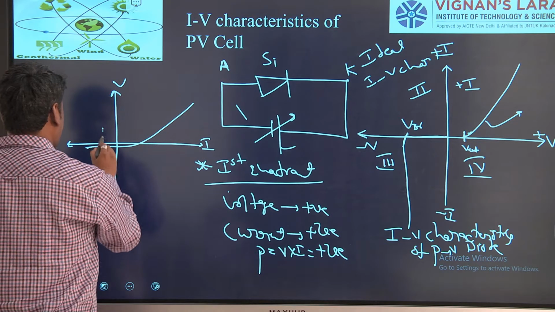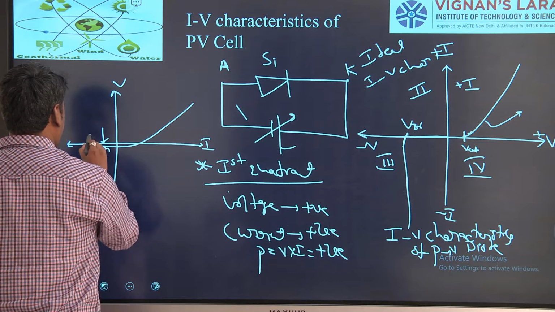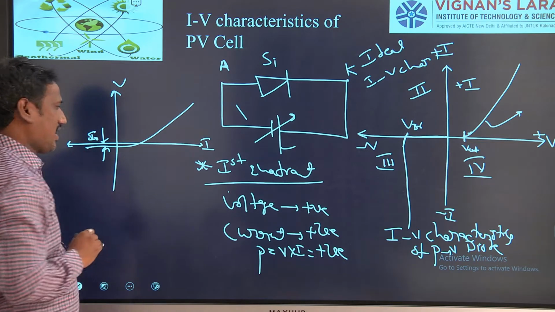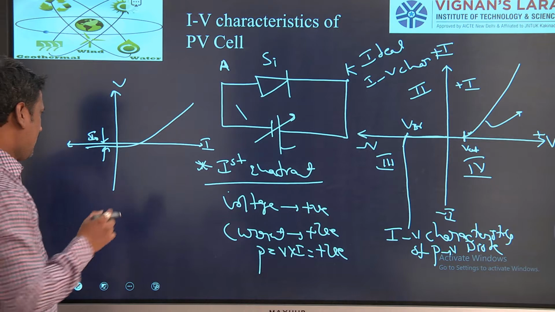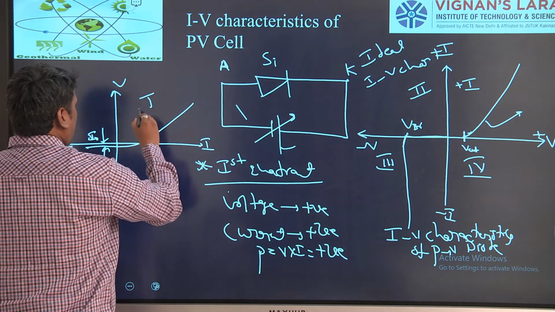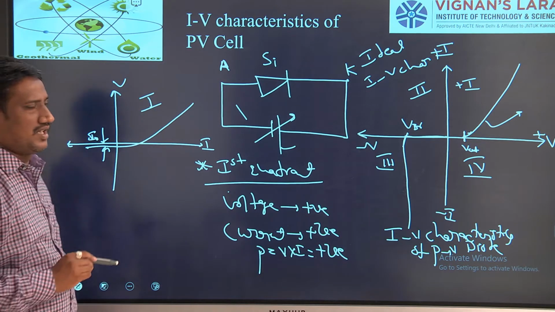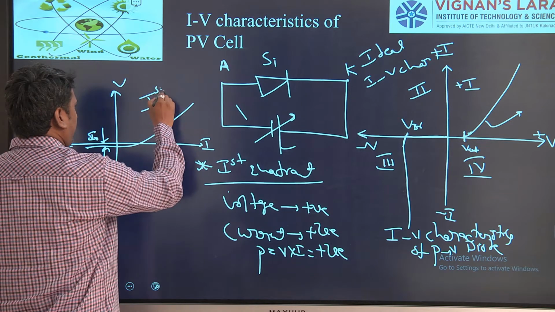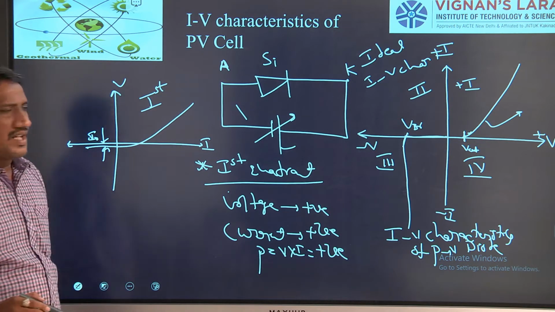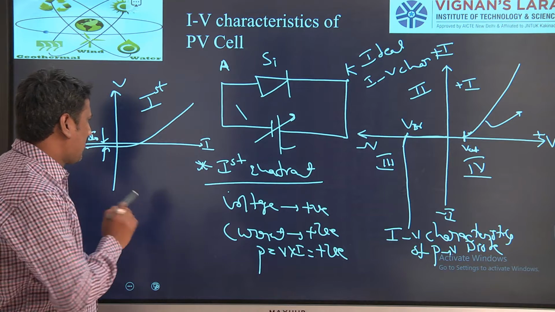This is called the saturation current I0. A small saturation current I0 in the reverse direction will be there. Most of the operation of the diode will be in the first quadrant only, as you can observe.